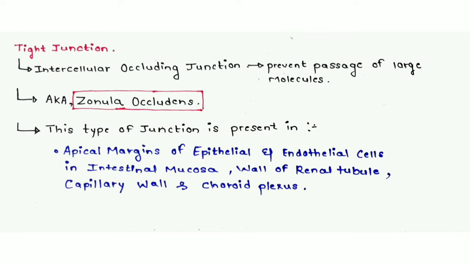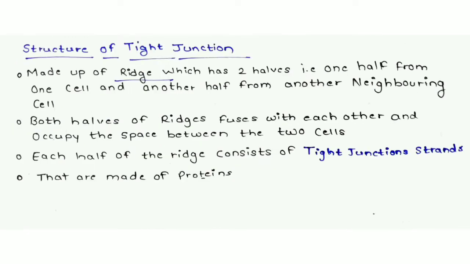Now, where can you see such tight junctions? This type of junction is present in the apical margin of epithelial and endothelial cells in the intestinal mucosa, wall of renal tubules, capillary wall, and choroid plexus. Now discussing the structure of tight junction. Tight junction is made up of a ridge which has two halves.